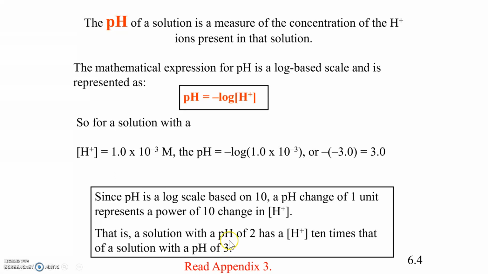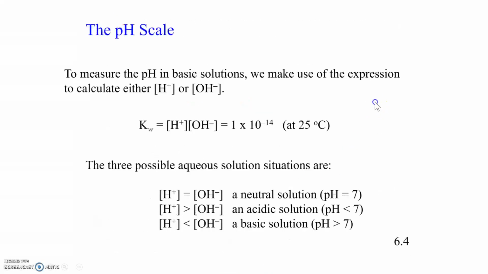So small changes in pH actually can be fairly significant changes in the H plus concentration. I put a note here to look at Appendix 3. If you are having any problems with doing log calculations, this is reviewed in the appendix of your textbook.